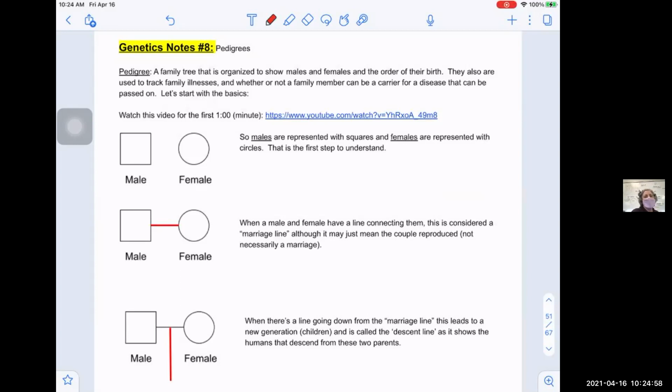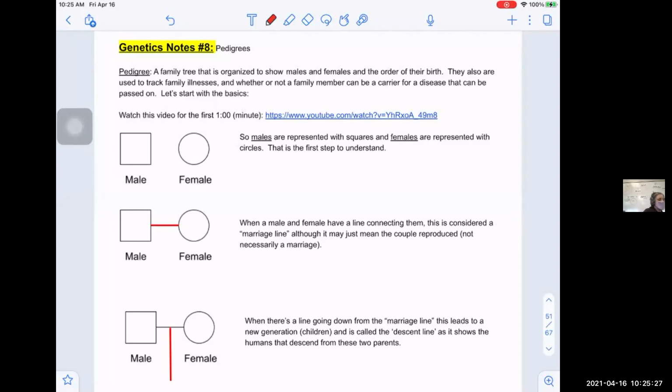So these are important. Oftentimes these are made if you ever have a genetic disorder and you need to go talk to somebody like a genetic counselor about your risk of passing on a genetic disease. So next week we'll start adding diseases to our pedigrees and looking at how to figure out what kind of pattern it follows, but today we're just going to learn about what a pedigree is.